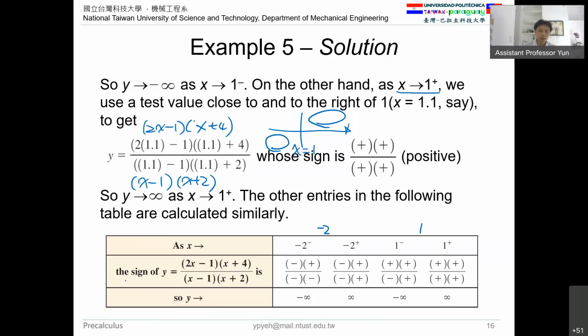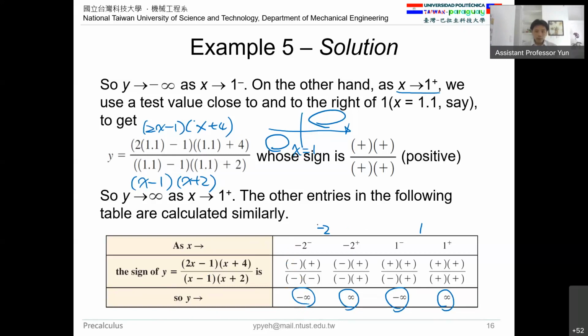So you can see the sign of this y or f of x here, which will be negative infinity, positive infinity, negative infinity, and positive infinity in this case. And how do we find it? We just find the behavior of each term here, and then we find the final behavior of these functions.